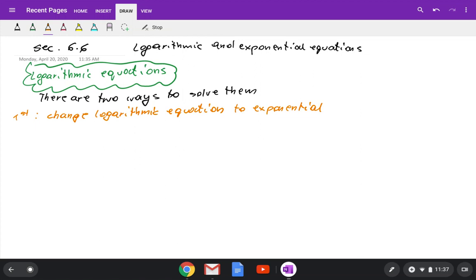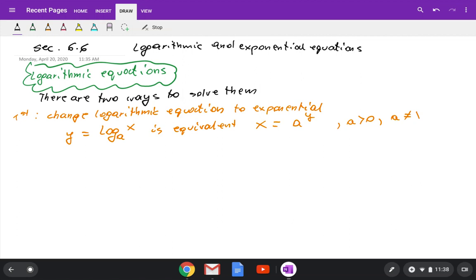And how you're going to do it, you will use just the definition of log. y equals logarithm of base a of x is equivalent to x is the same as the base a to the power of y. Of course, the base has to be positive, and the base of the exponent and the base of the log can't be 1.